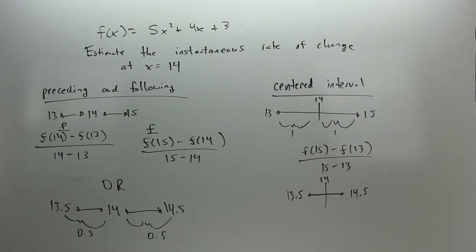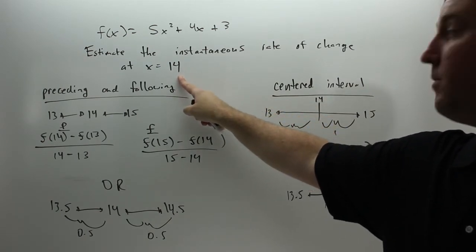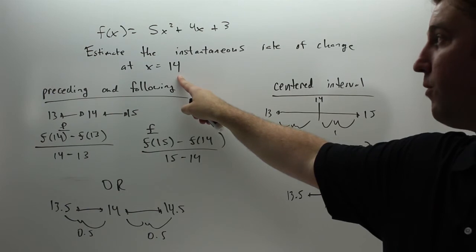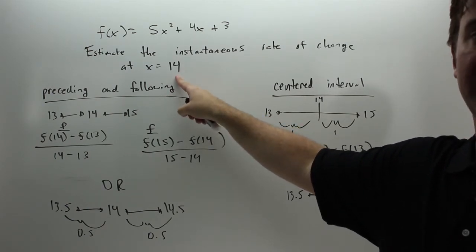So if you're struggling with this still, comment in the threads, let me know what you're not getting. It's really not that bad. If you're struggling with it, you might be overthinking it. You're always just looking at this point and saying, okay, if it's preceding and following, I need to find the slope before, so something to 14, and then I need to find the slope for something after, so 14 to something.